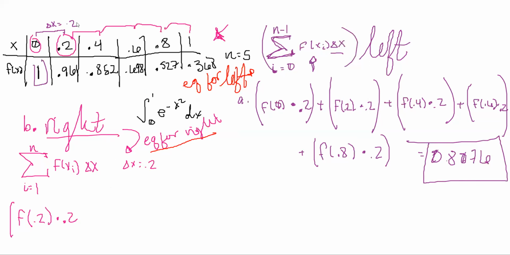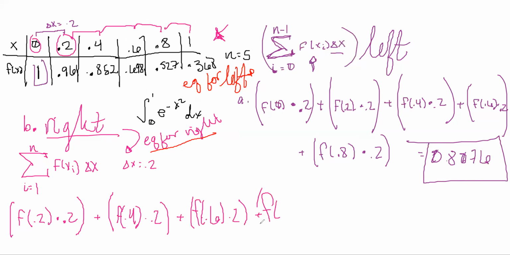So we're going to do that plus f of 0.4 times 0.2 plus f of 0.6 times 0.2 plus f of 0.8 times 0.2 plus f of 1 times 0.2.